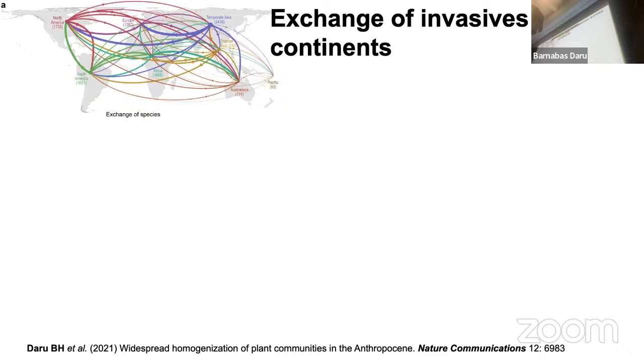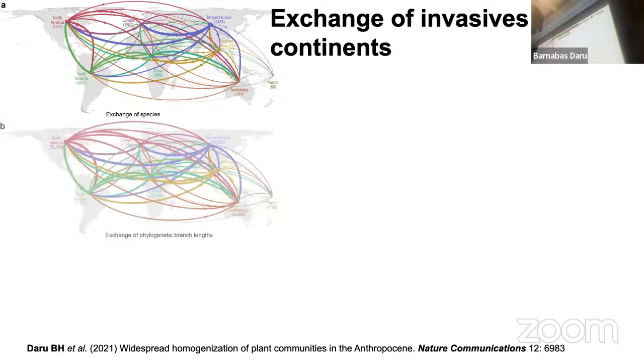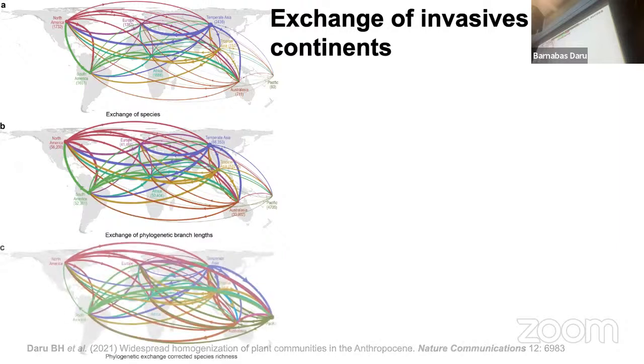And so we mapped the exchange of non-native species across continents, and we did the same for the exchange of phylogenetic branch lengths across continents as well. And we even corrected phylogenetic branch lengths with species richness in this last chart to account for differences in species richness.